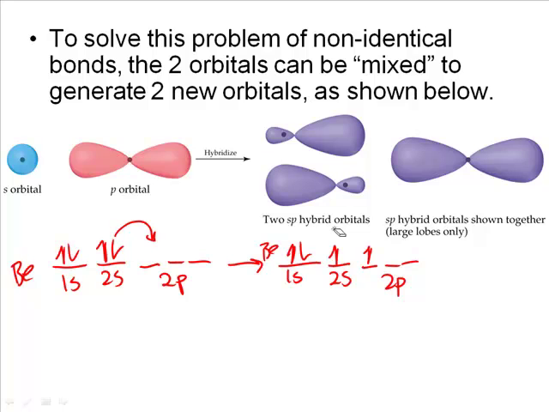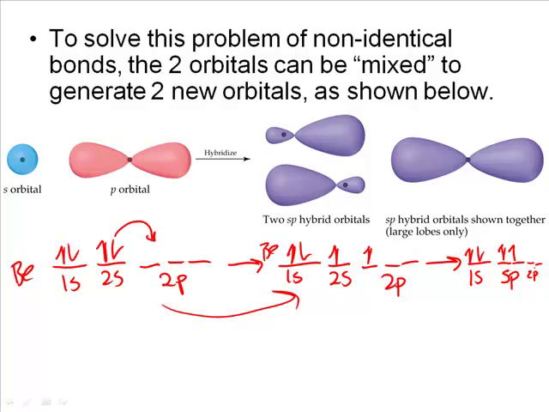So we have to get those energy levels to the same point. Between this step and this step, all we've done is promote an electron. Now we're going to hybridize those orbitals, which means we take that 2s and that 2p and put them together. We get what's called an sp hybrid orbital, and then you still have those two empty ones that are the 2p.